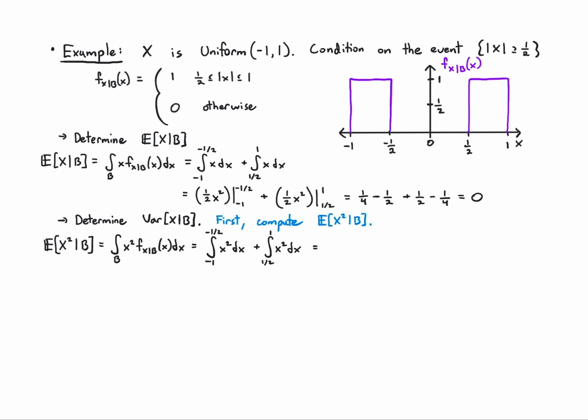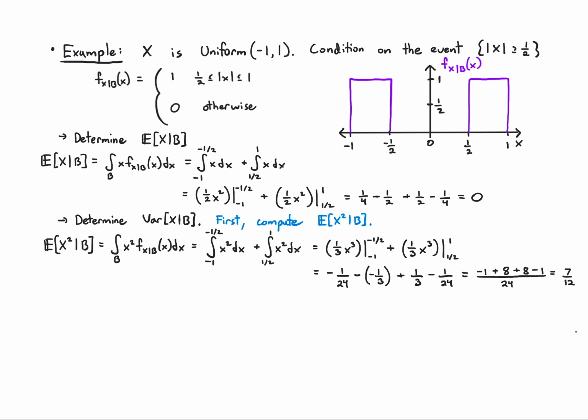So that's 1/3 x cubed from -1 to -1/2 plus 1/3 x cubed from 1/2 to 1. That's going to be -1/24 minus 1/3 plus 1/3 minus 1/24. Putting everything over 24, I have -1 plus 8 plus 8 minus 1 over 24, and that works out to be 7/12.